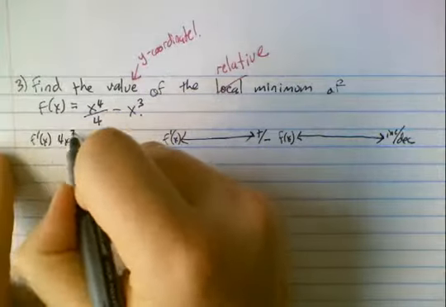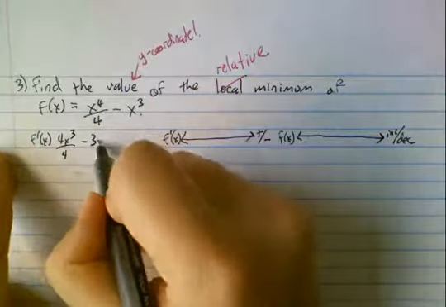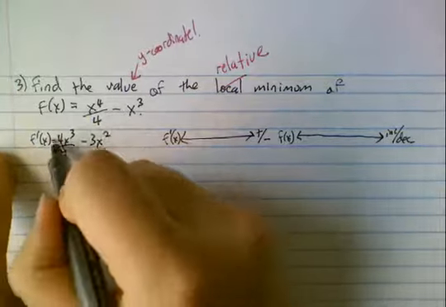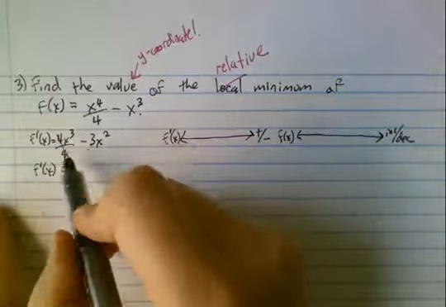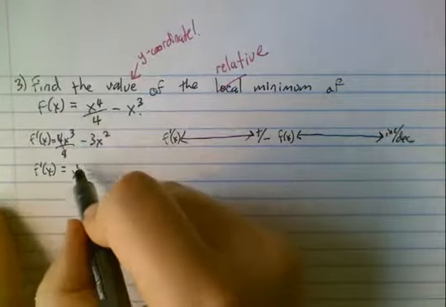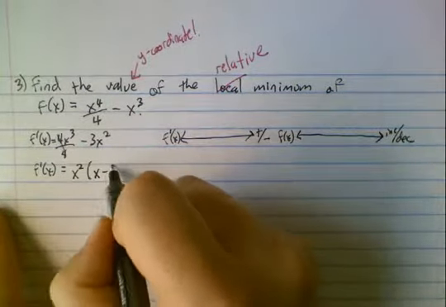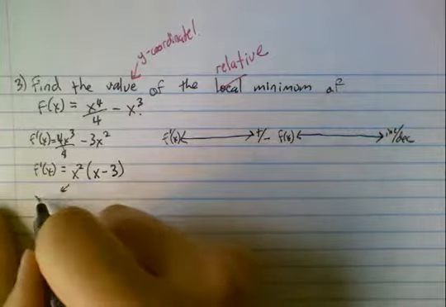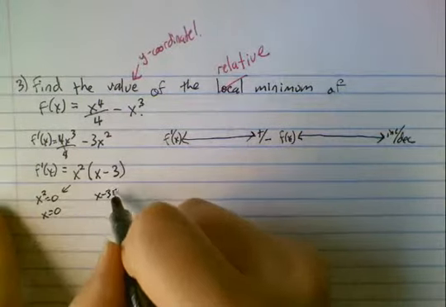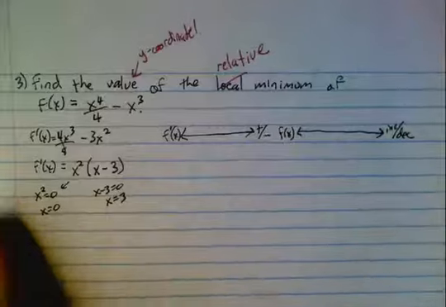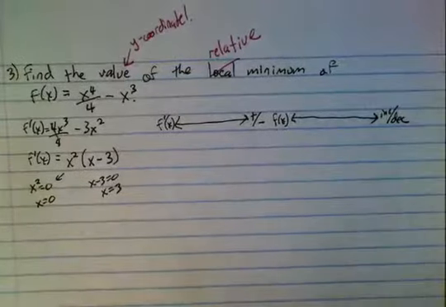This is 4x to the third over 4 minus 3x squared. That cancels out. We can factor out an x squared. Do our zeros. Fill those in.